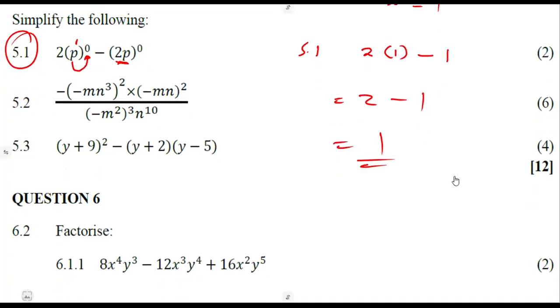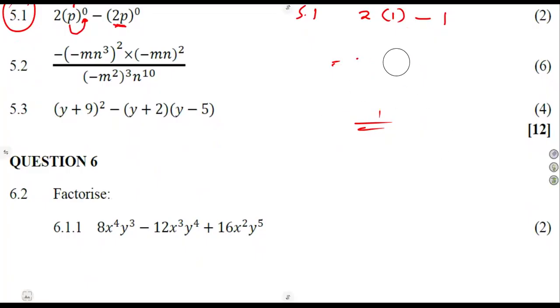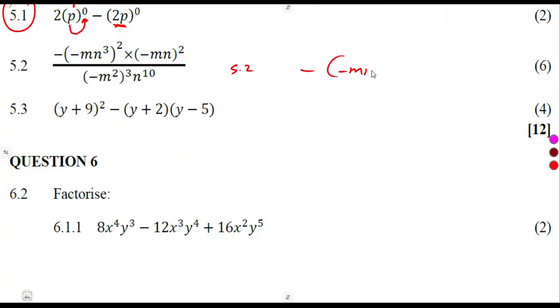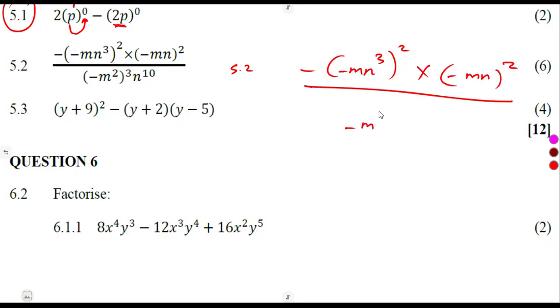Is a 1. All right, 5.2, we can see that there are exponents that we need to consider. We've got negative of negative mn cubed squared times minus mn raised to the exponent of 2, everything over minus m squared raised to the exponent of 3, n to the exponent of 10.